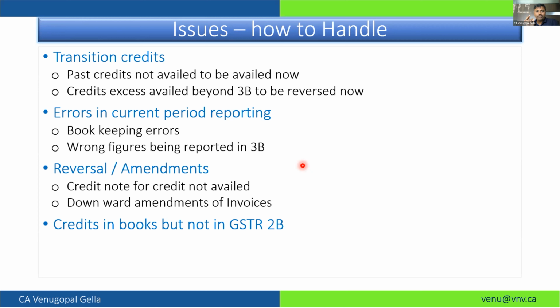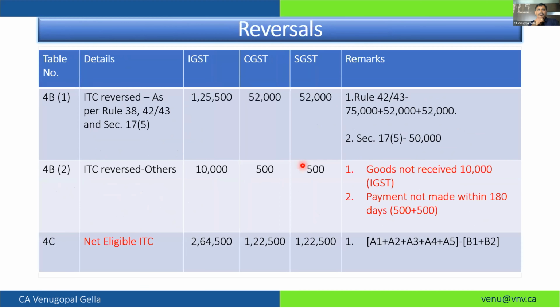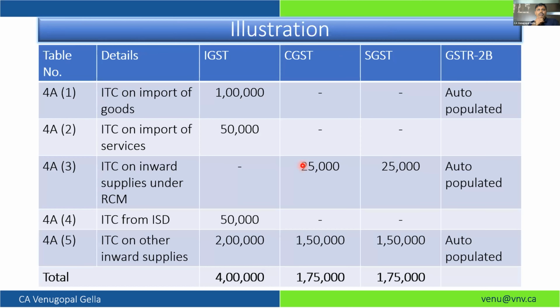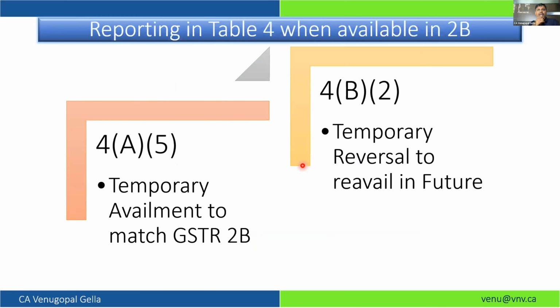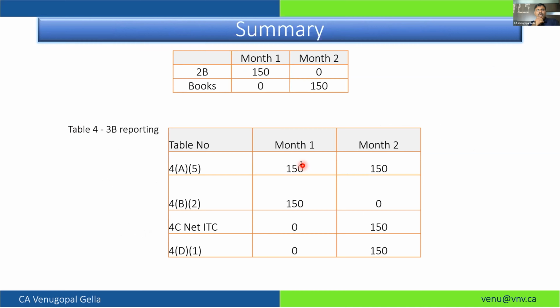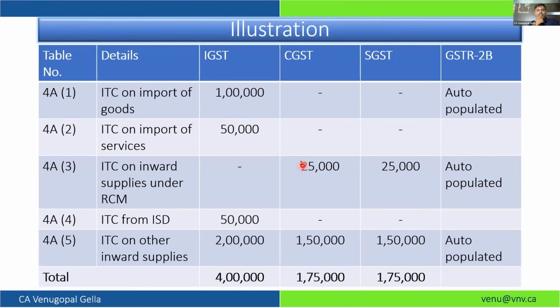4B1 is for import of goods. Respective credit should be in the respective heads. For example, 4A5 is auto-populated. Can you just go to the earlier slide? Previous slide, please.